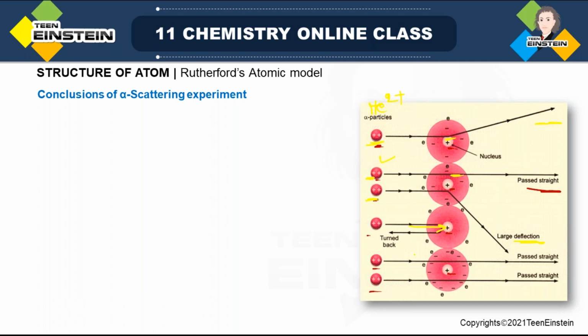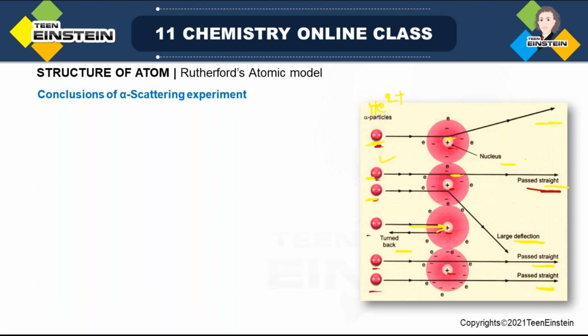Out of several alpha particles, only a few will be hitting directly and they will be turning back, 180-degree deflection, but most of them passed straight. That means there is some vacancy. Nothing is there, no positive charge, no negative charge.